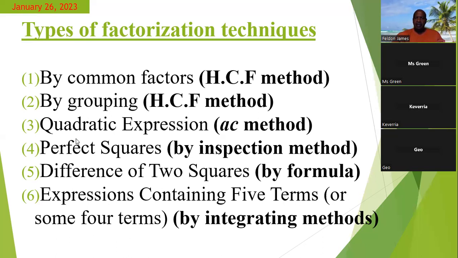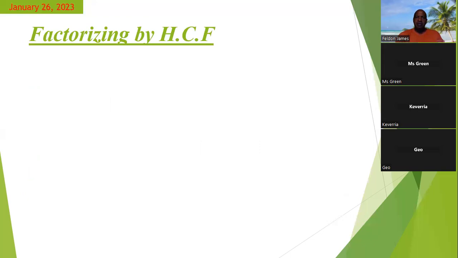Depending on the expression, it will have a particular technique. So I want you to focus in that way: first you need to identify what expression you have, then apply the appropriate technique.